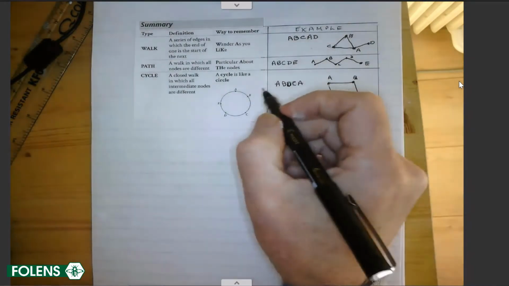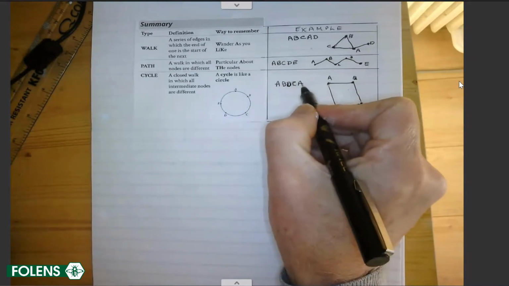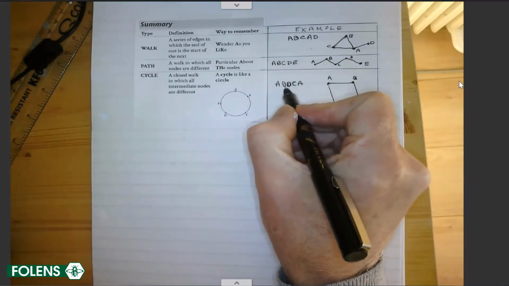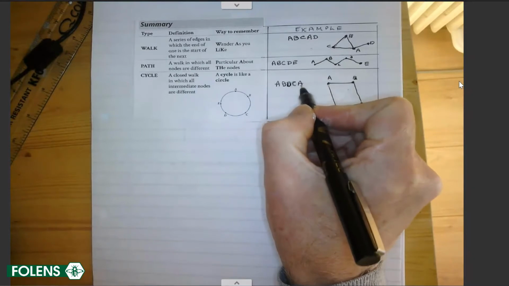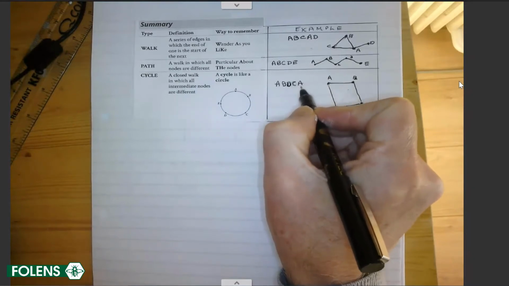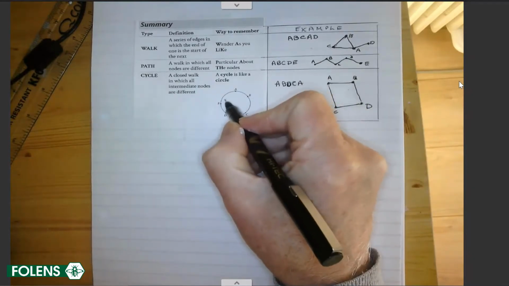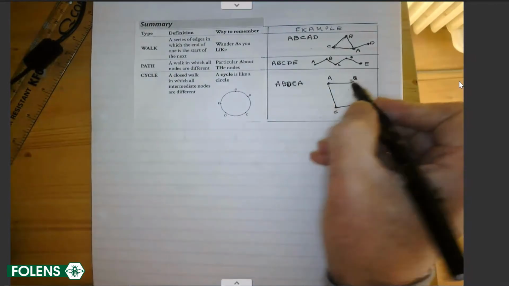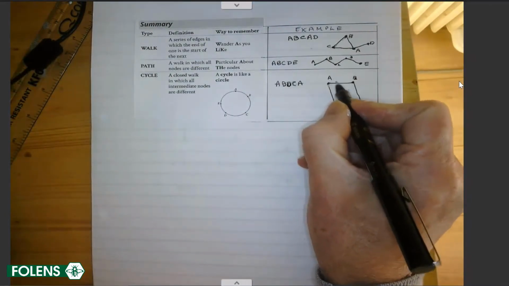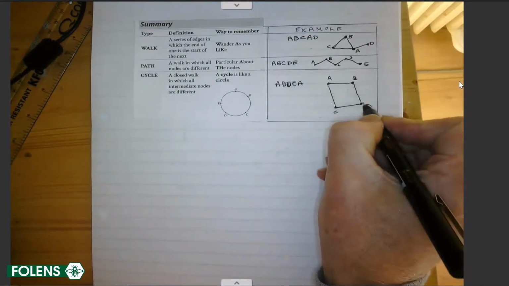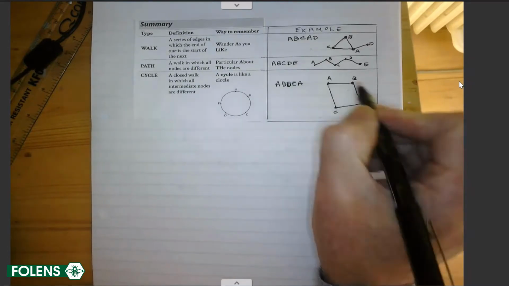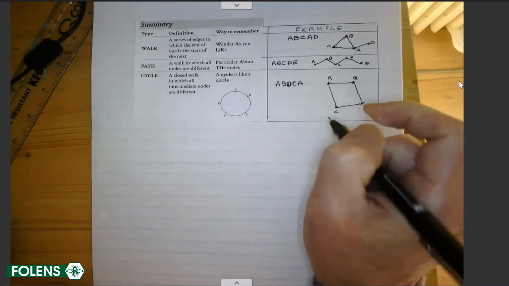And a cycle is a path except for the last one, where you go A to B to D to C, but you must go back to where you started. That's a cycle, and a cycle is like a circle. In fact, the word cycle comes from the Greek word for a circle. So if you go from A to B to D to C and then back to A, that is a cycle.